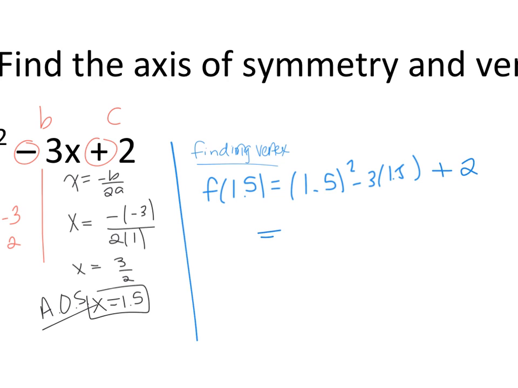You do all this handy-dandy work in your calculator, and I get negative 0.25. Which means our vertex, remember this is your x, this is your y, don't ask why, I get my vertex to be (1.5, -0.25).